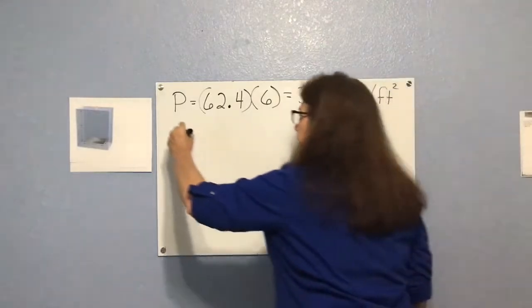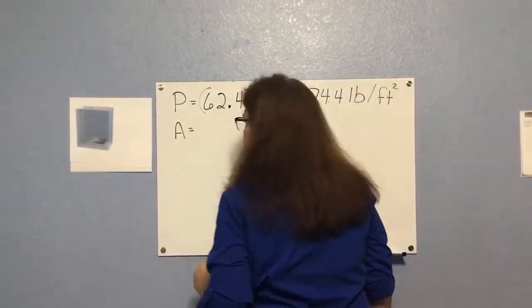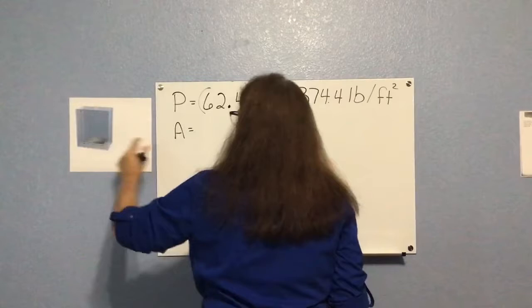Okay, now we're going to look at the area of this plate. Rectangular plate, it is 3 feet by 4 feet.